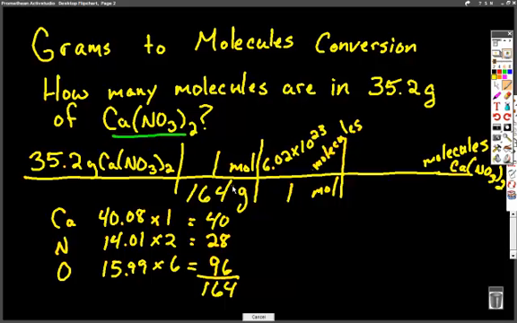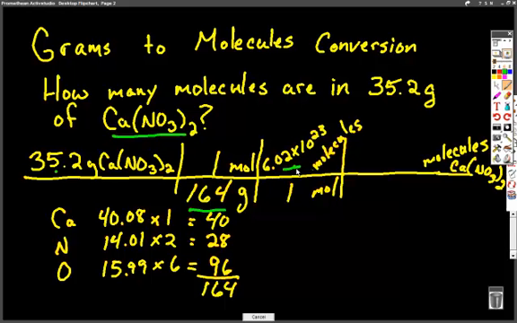Now we're going to do our math here. There are a couple different ways to do it, and it really doesn't matter. If you wanted to, you could take this number here, your 35.2, multiply it by this, and then divide by this. Obviously the ones don't really matter to us. Or we can say 35.2 divided by our 164 and then multiplied by our 6.02 times 10 to the 23rd, and that's how I would probably go about doing that.